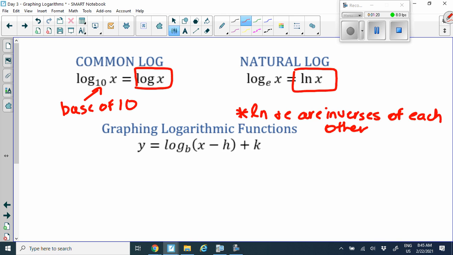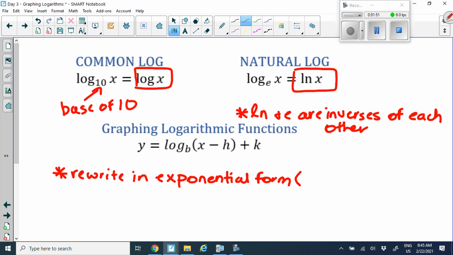Okay, so graphing logarithmic functions. Like we've done before, when we graph logarithmic functions, we will have to move things. So here we have y equals log base b of x minus h plus k. You might be wondering, how do we do it with the log? What we will have to do is rewrite in exponential form, and we're going to do that for the parent function.